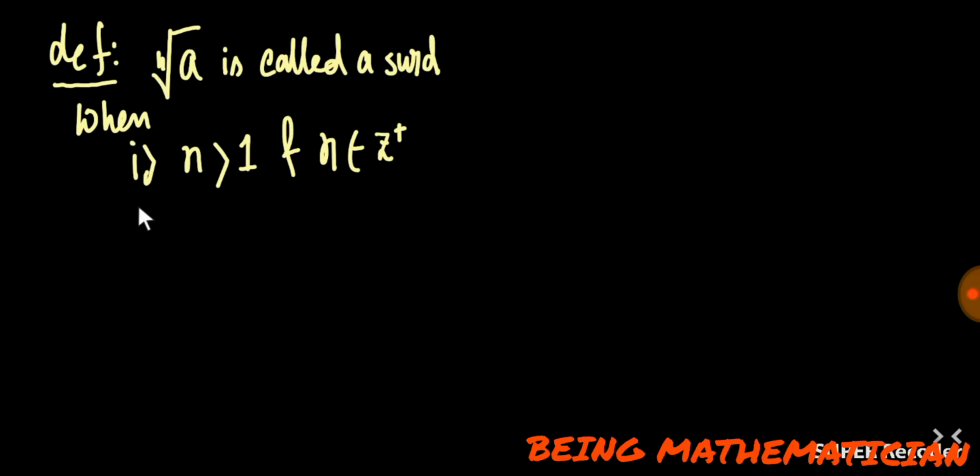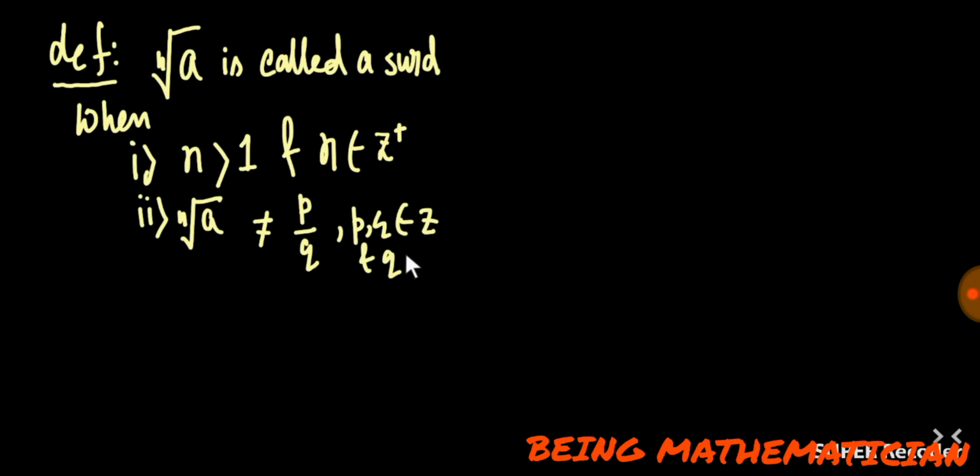Number 2, the number nth root of a cannot be expressed as p by q form, where p, q are integers and q not equal to 0. That means the number nth root of a cannot be a rational number. Number 3, a must be a rational number.